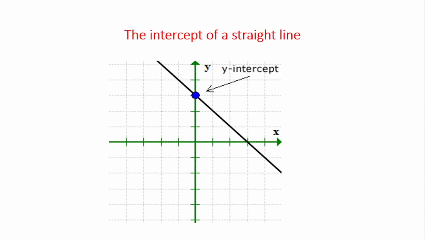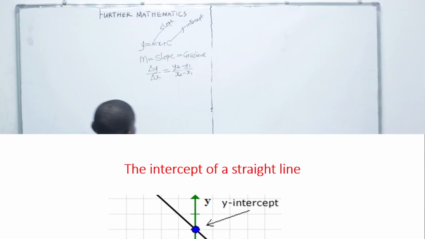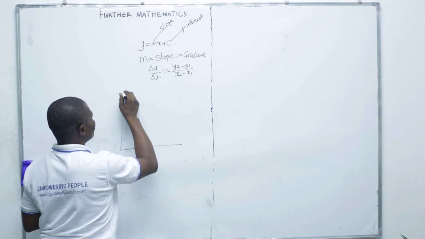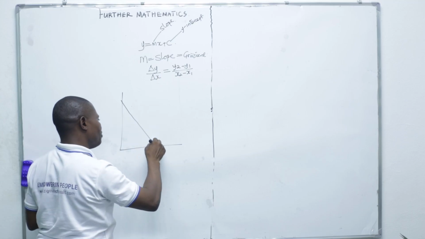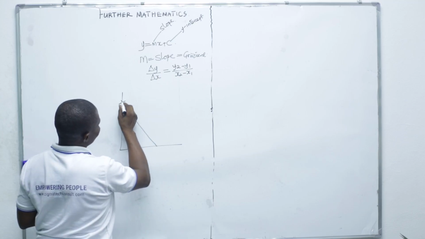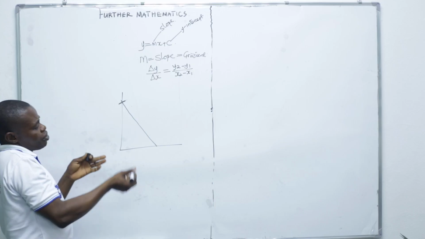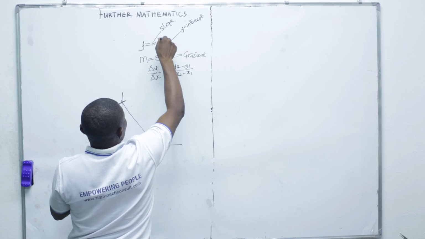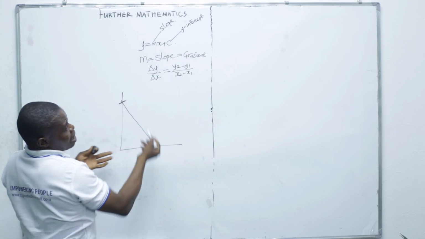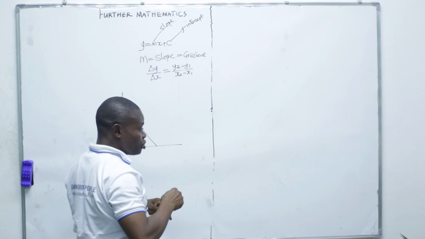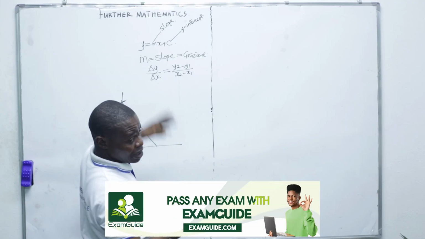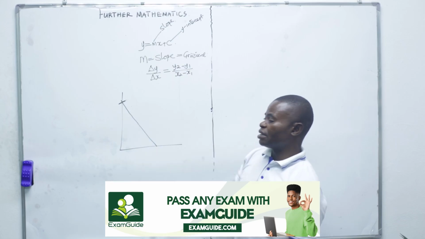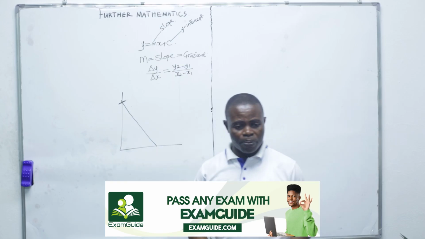When you plot a graph, remember in your physics, when you plot this way and you have a negative graph, look at the intercept here. Have you come to realize that the intercept is what? It's the y-intercept, which is c. Some textbooks can use another alphabet. Like I told you when we were learning logarithm and indices, x is not permanent. It's choice. So this is the y-intercept, okay? So that is the slope.